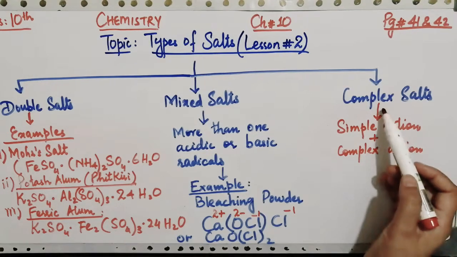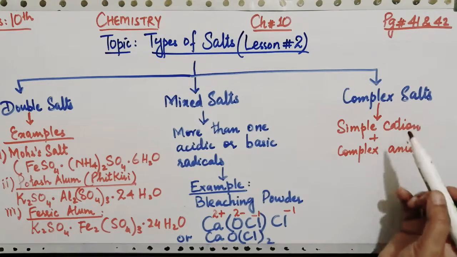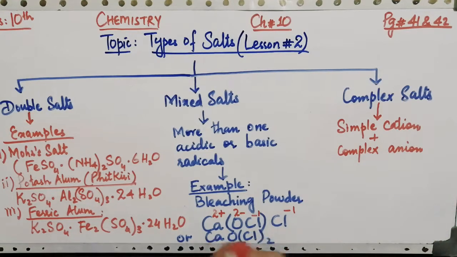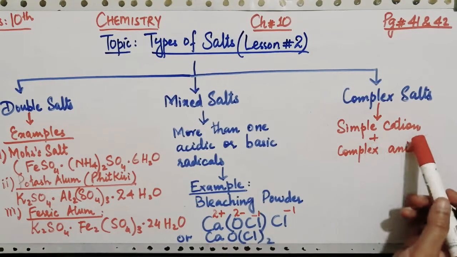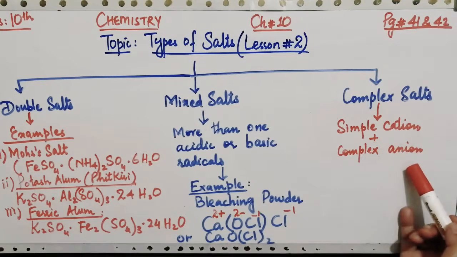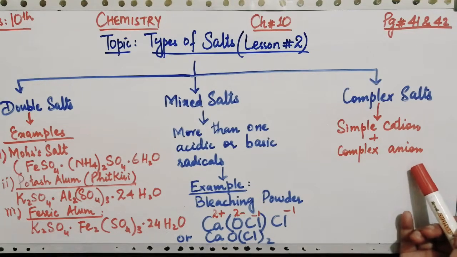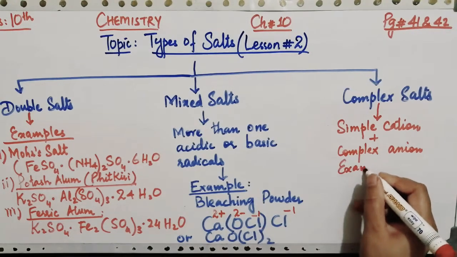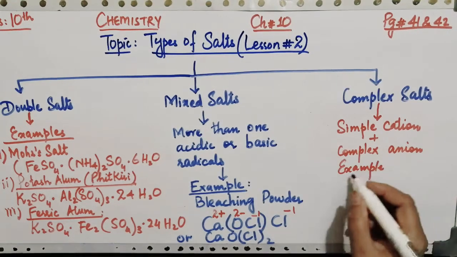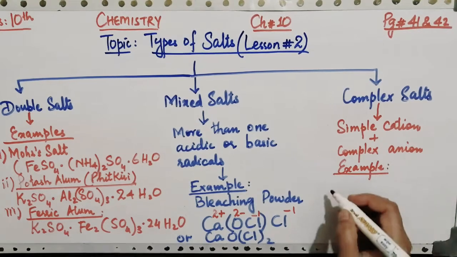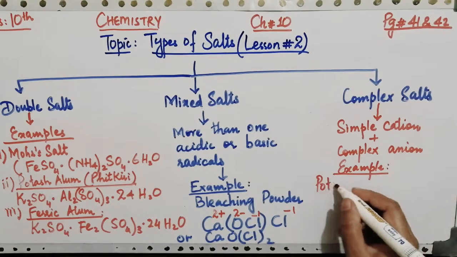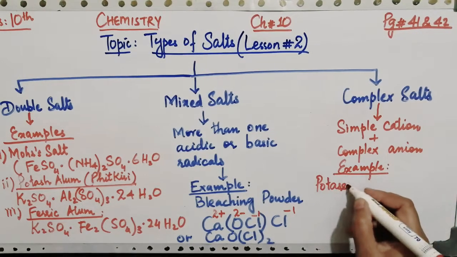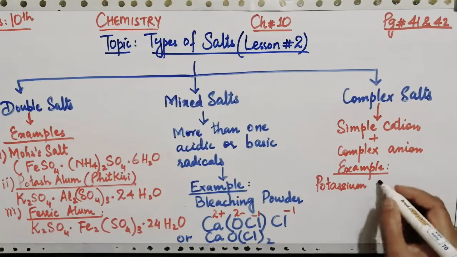And this is another property of the complex salt, that on dissociation they provide a simple cation and a complex anion, or vice versa. An example of complex salt is potassium ferrocyanide.